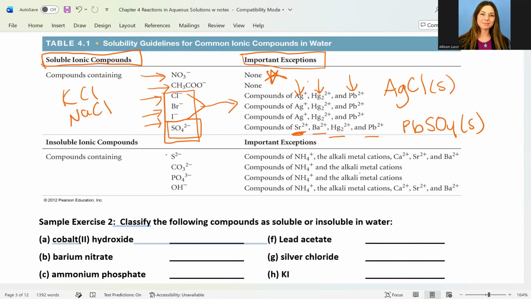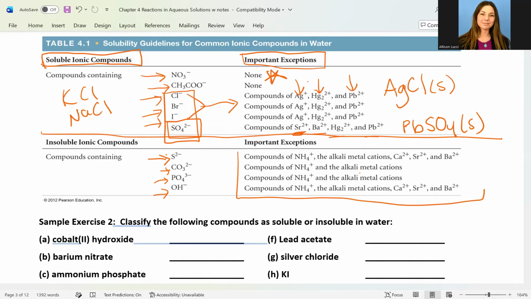Then we have, in the second half of this table below, generally insoluble compounds. Any compounds that contain sulfide, S2 negative, carbonate, phosphate, or hydroxide would generally be solids, except for when we have certain ions paired with them.